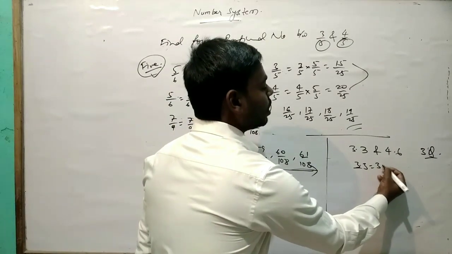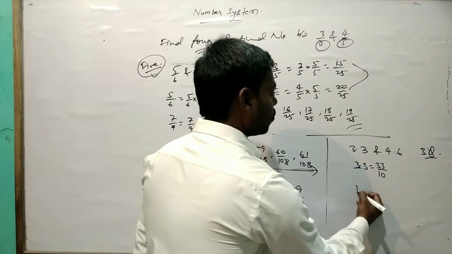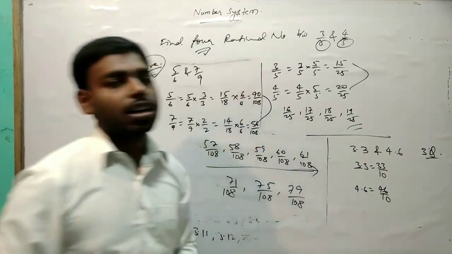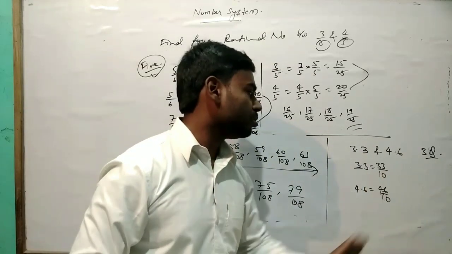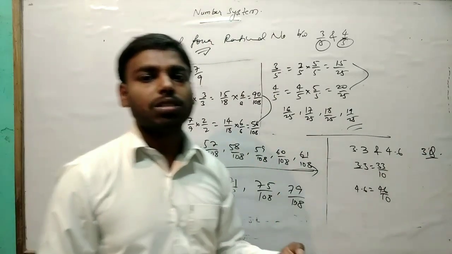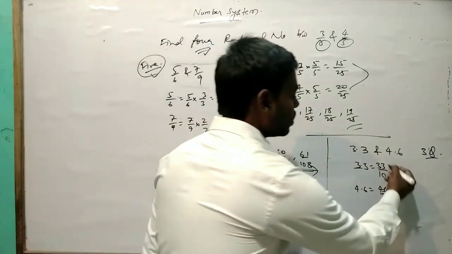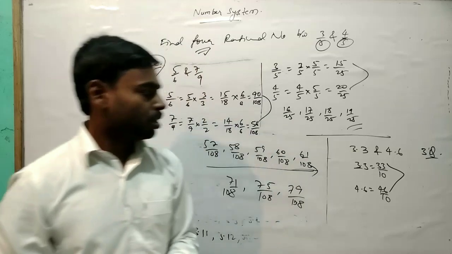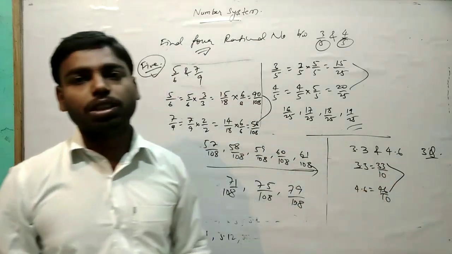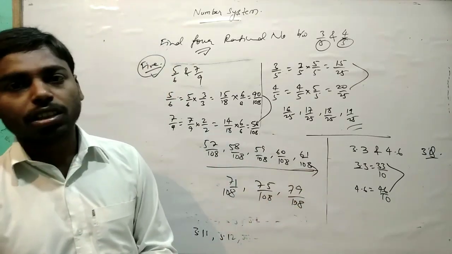3.3 can be written as 33 by 10, and 4.6 can be written as 46 by 10. We can write numbers between 33 and 46. We do not need to multiply by 4, because we can get three rational numbers between 33 by 10 and 46 by 10, so we need not multiply these numbers.